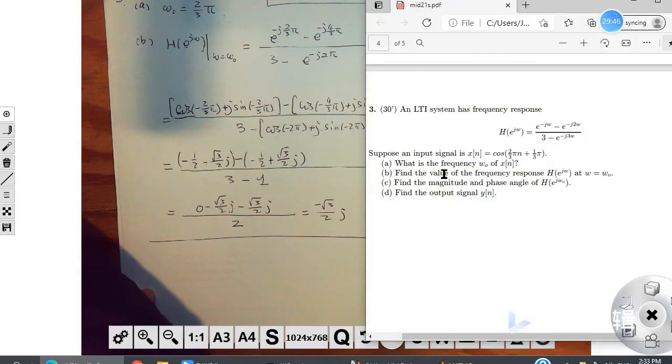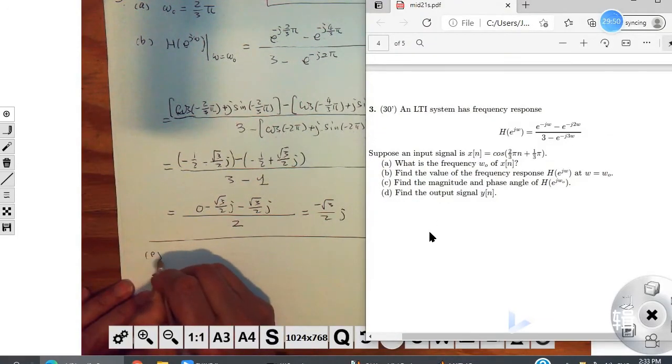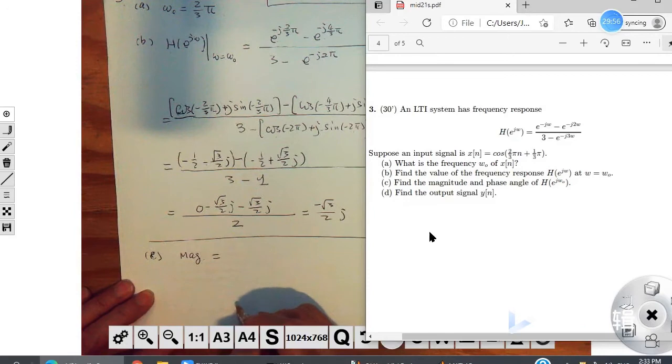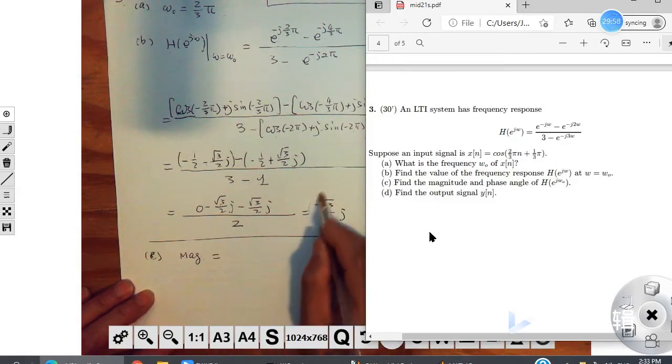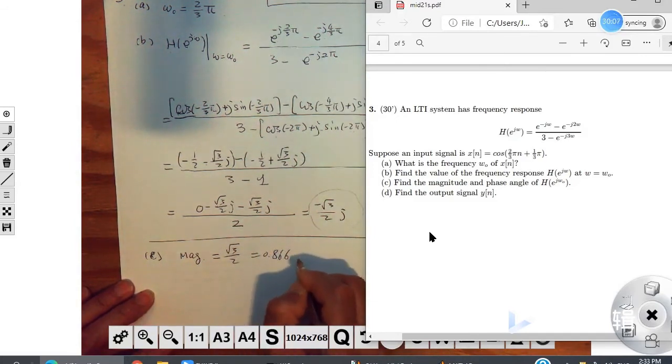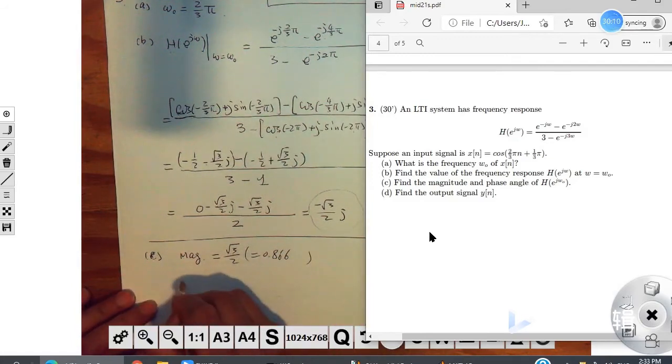Then we keep looking at the problem. We have b, then c. For c, what is the magnitude? You take the absolute value. It's just the square root 3 over 2, that's 0.866. And then the angle.